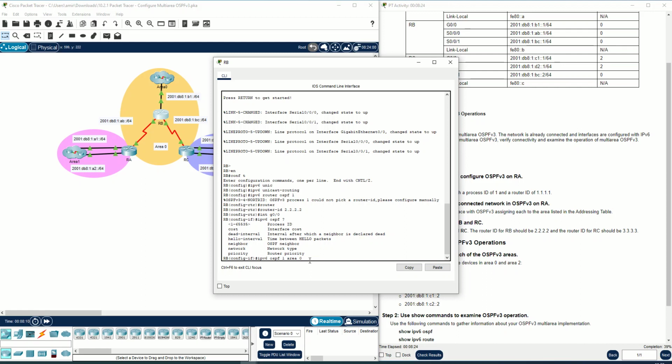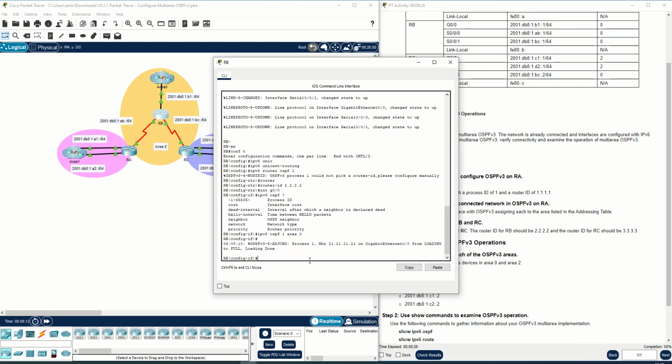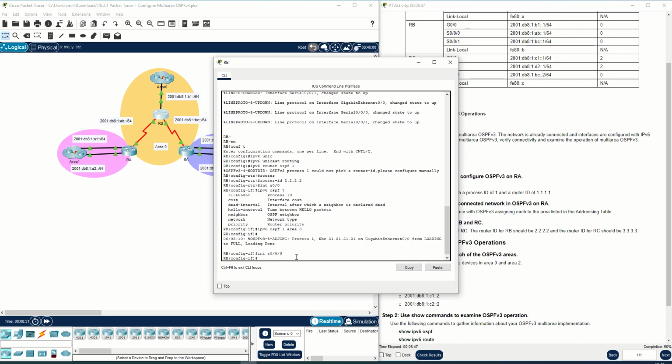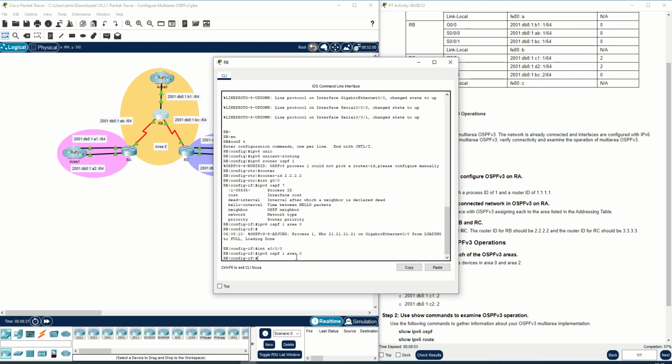This is area 0, and it should be done. We also have serial 0/0/0 that is connected to RA and serial 0/0/1 that is connected to RC, and both of them should be activated with ipv6 ospf 1 area 0.